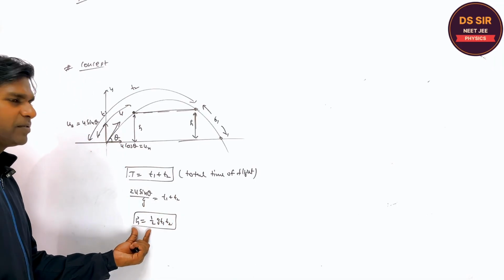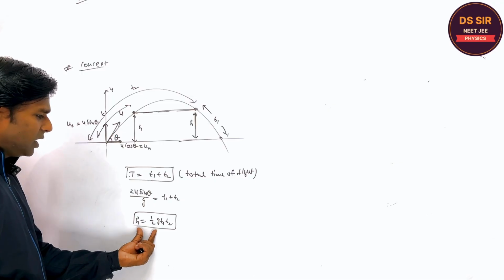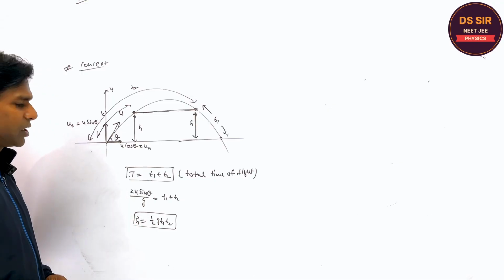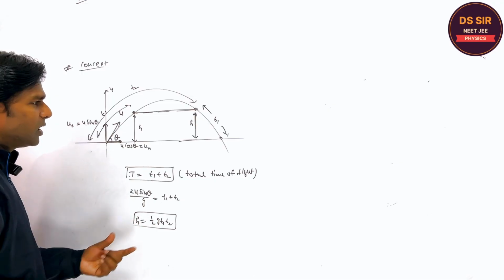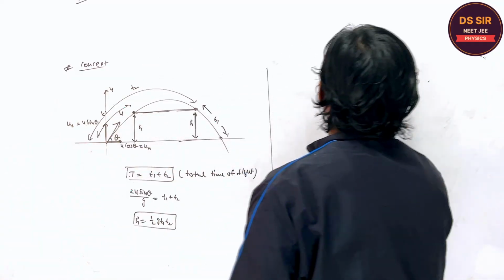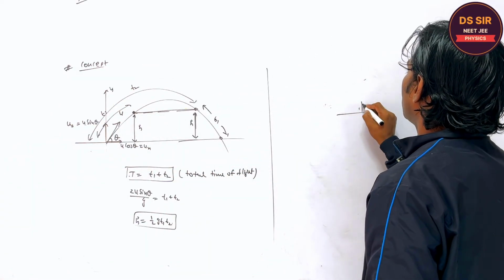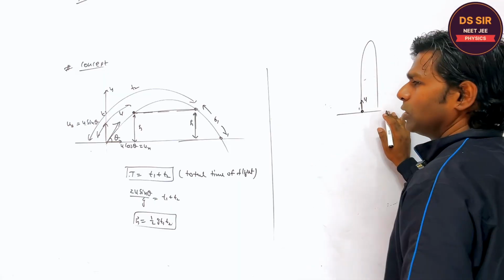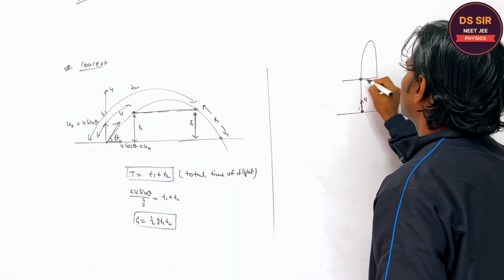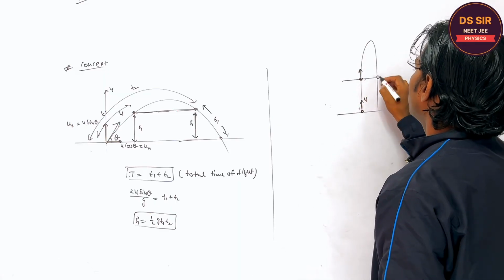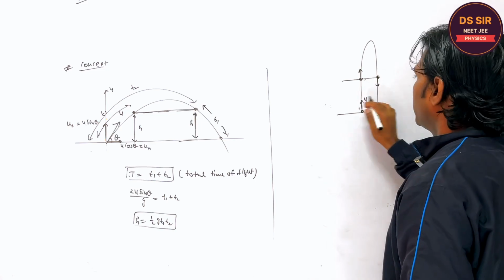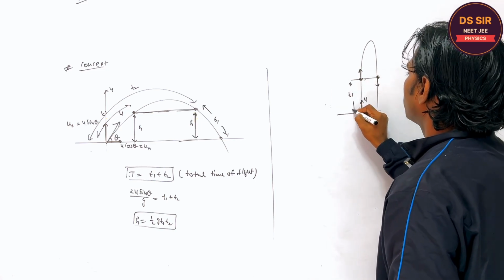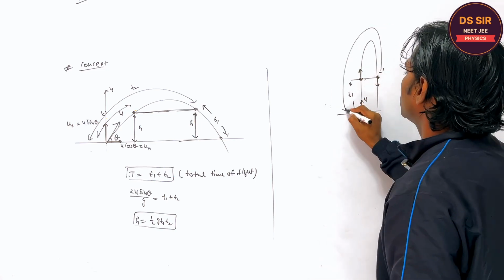So this is the same formula we have discussed in motion under gravity in a straight line, right? If you throw the particle with the speed u, it moves up and goes down. So at the same height during ascent and during descent, it takes, suppose, the time t1 and this is the time, say, t2.